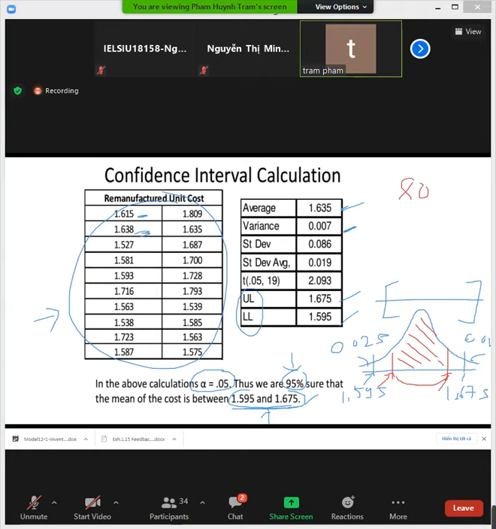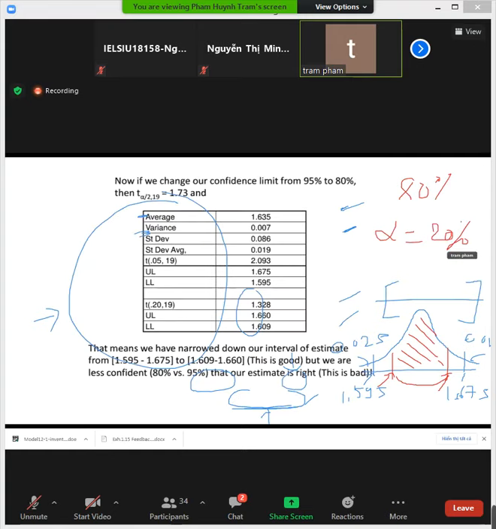Alpha is 20%. You see, the narrower the confidence interval, the lower your confidence level. You see the error here would be smaller. That's natural. So you can compute with an 80% confidence level what your confidence interval is then.